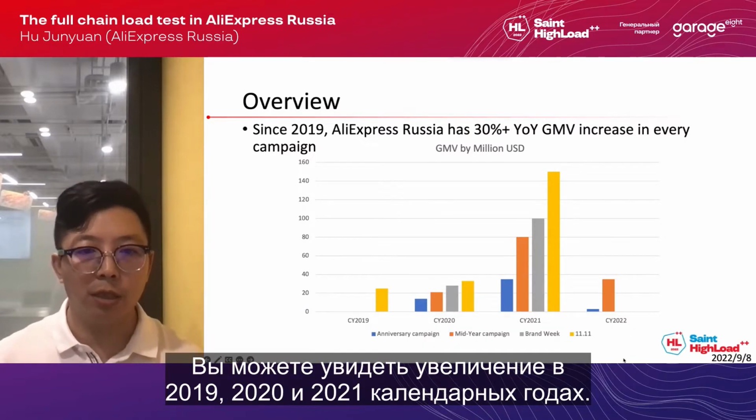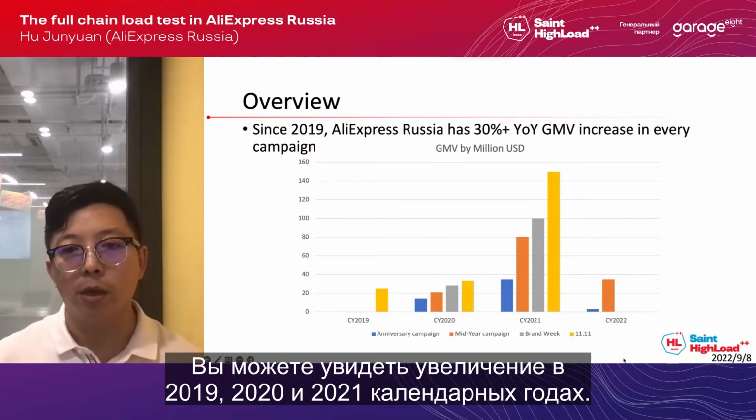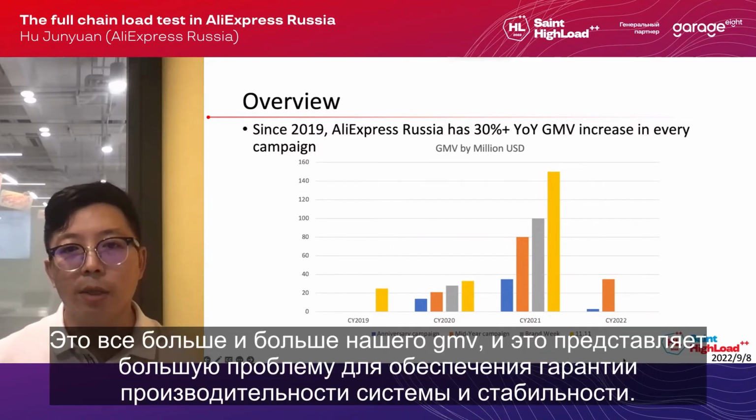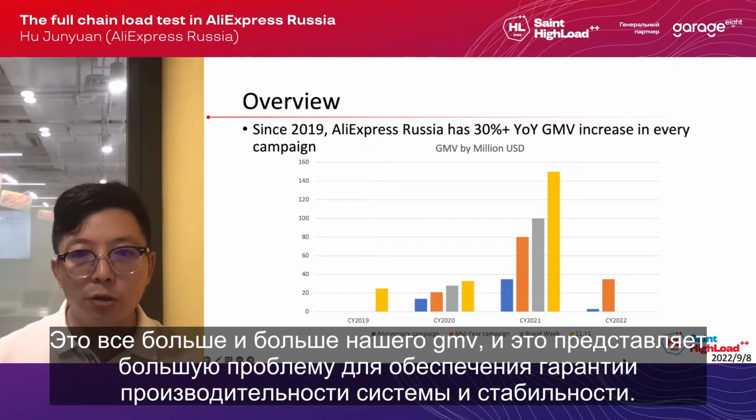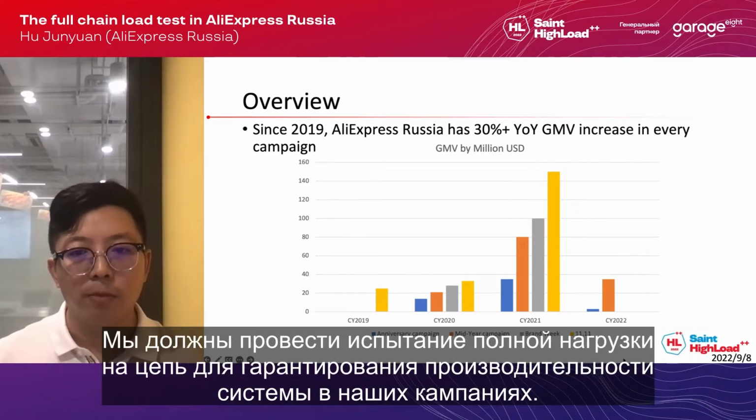You can see in calendar years 2019, 2020, and 2021, our GMV increases more and more, and it brings us a big challenge for system capacity guarantee and stability guarantee. So we use the full chain load test for our system capacity guarantees in our campaigns.